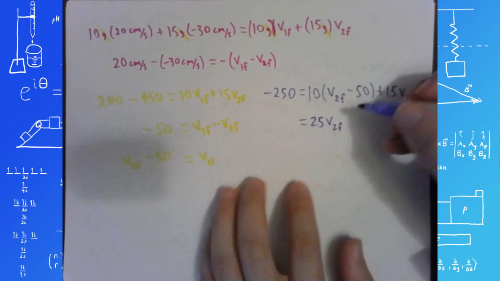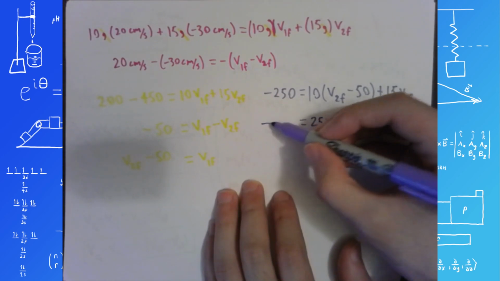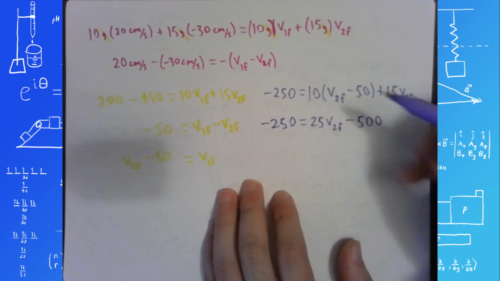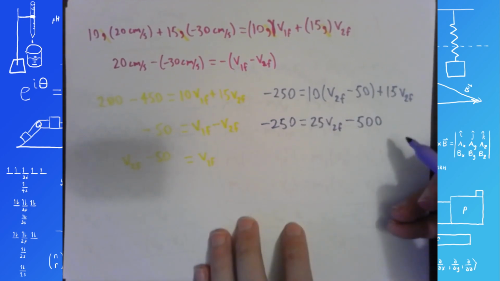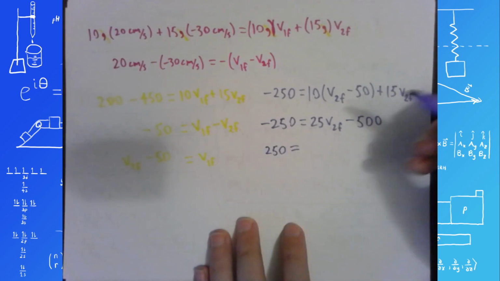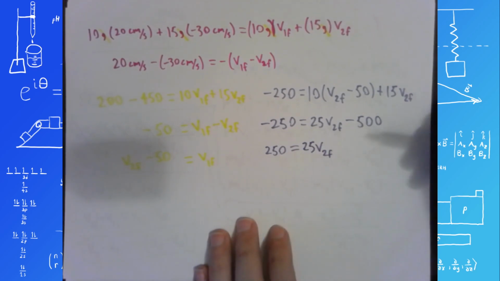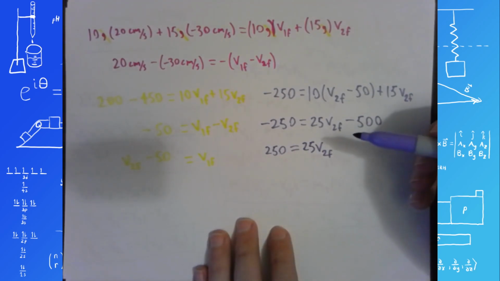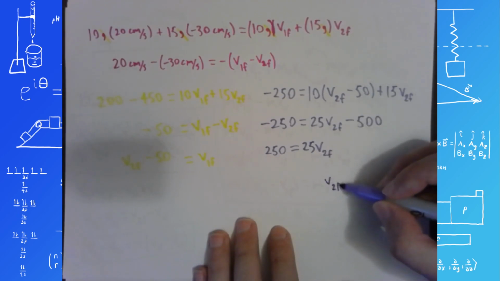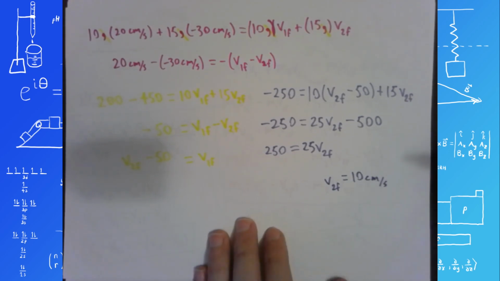And then 10 times negative 50 is negative 500. Add 500 to both sides. That gives us positive 250 equals 25 V2 final. So if I divide by 25 on both sides, V2 final comes out to positive 10 centimeters per second.